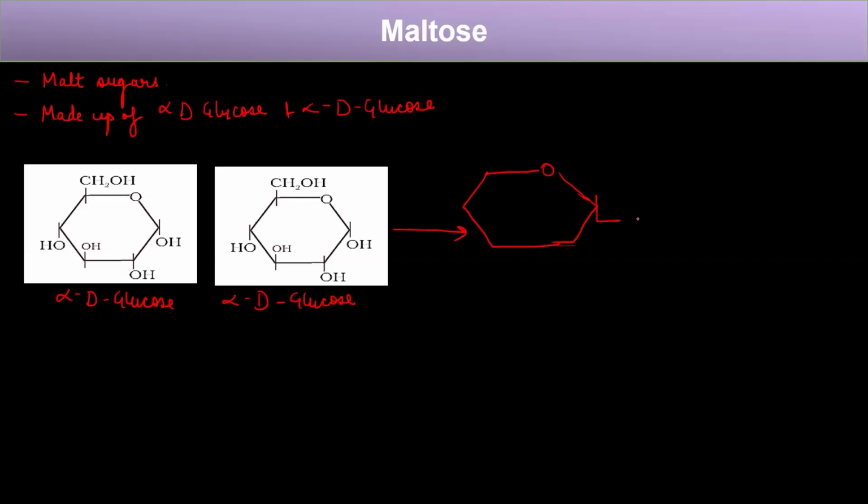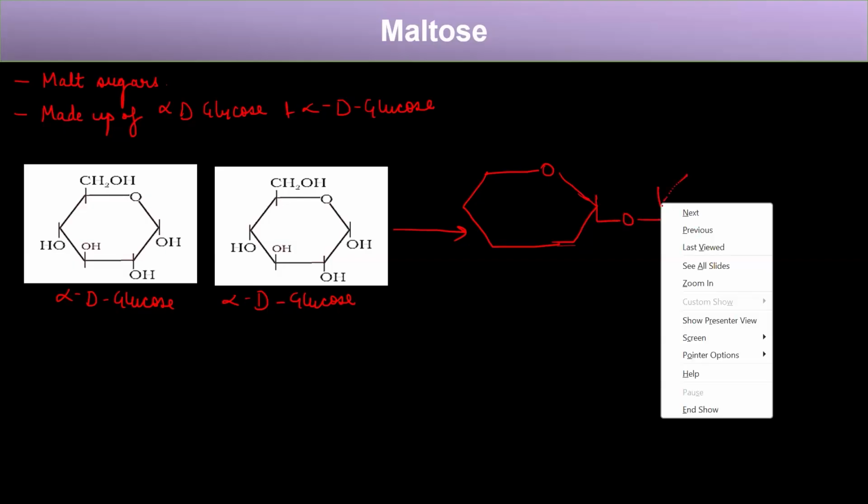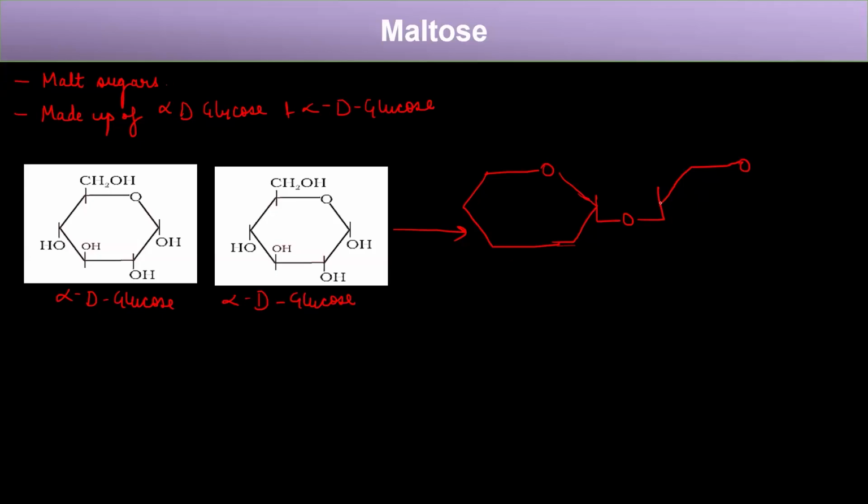So you have one. So this is OH, this is OH, OH, CH2OH. Similar will be the case here also, right? The OH, OH, right? So this is the structure of maltose.